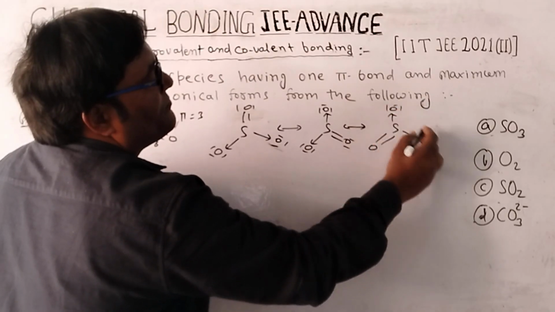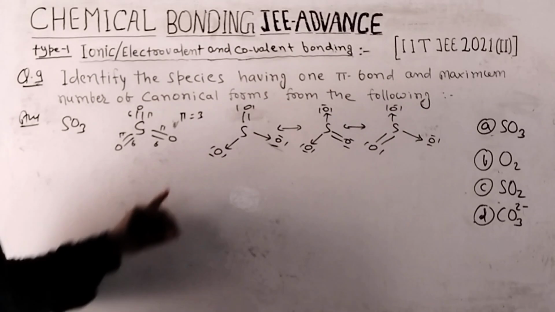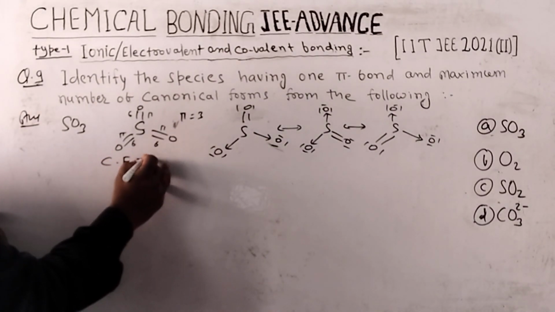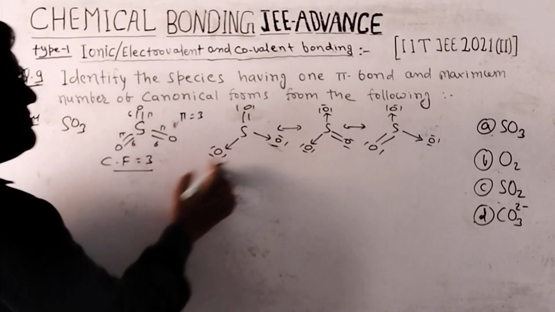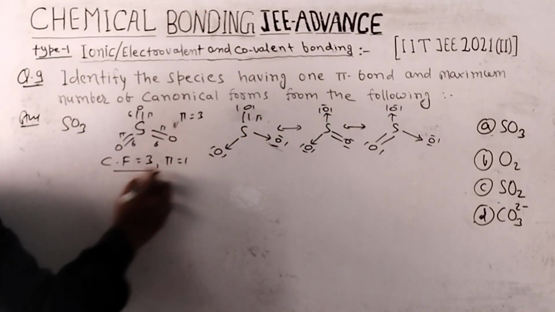These are 3 canonical forms. So CF, canonical forms of SO3, is 3. Now in this structure only 1 pi bond, so pi bond is equal to 1.